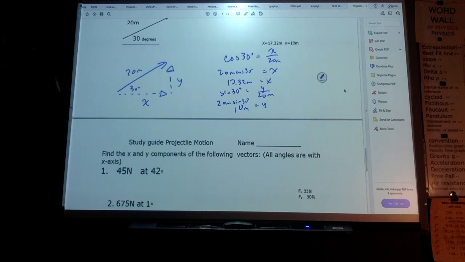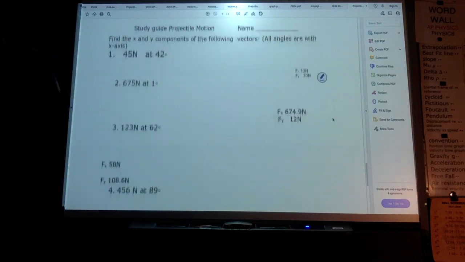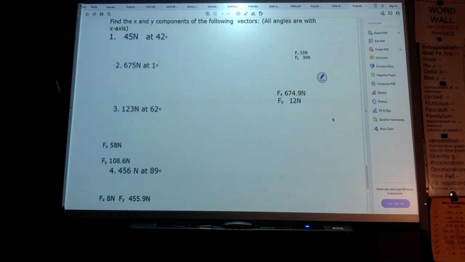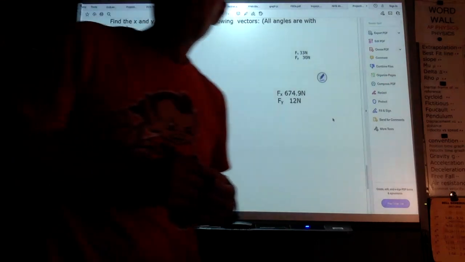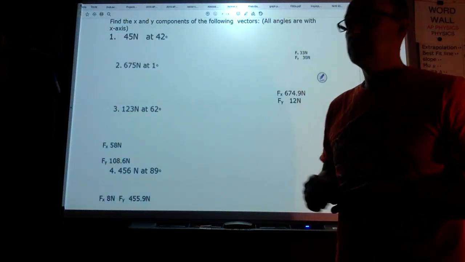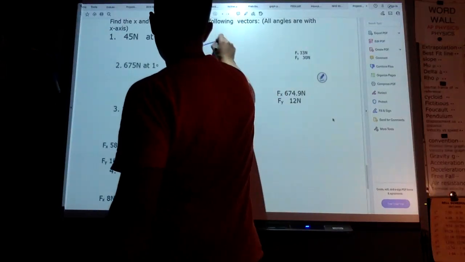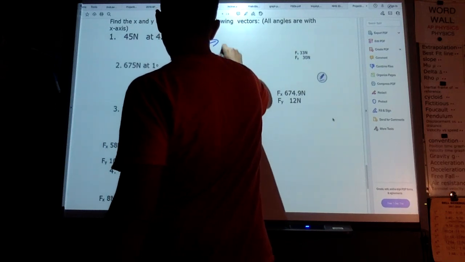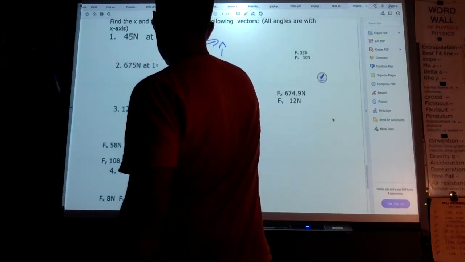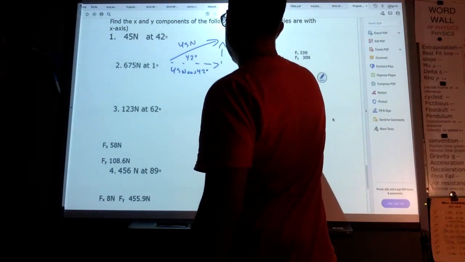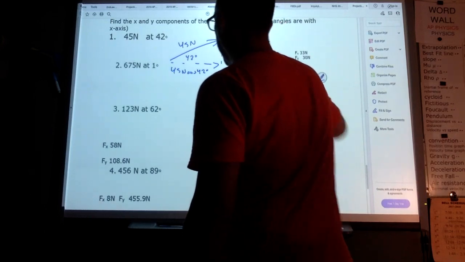All right, I'm going to clear my ink and scroll. And these are all the same, so I'm going to go through them quickly. We have 45 newtons at 42 degrees. So this side would be 45 cosine of 42. This side would be 45 sine of 42.